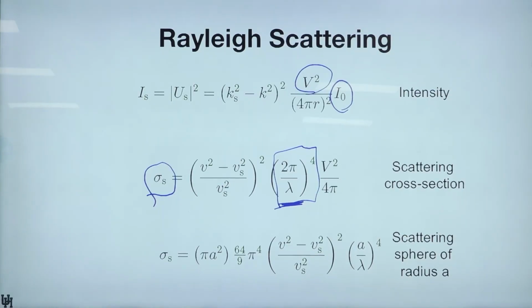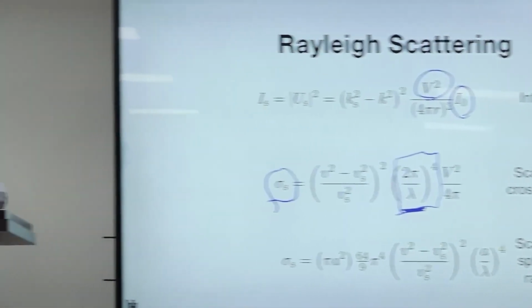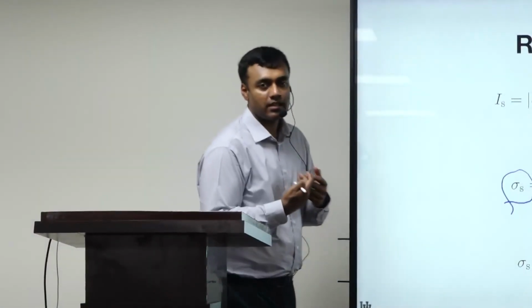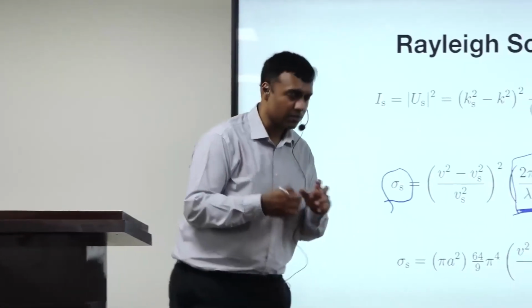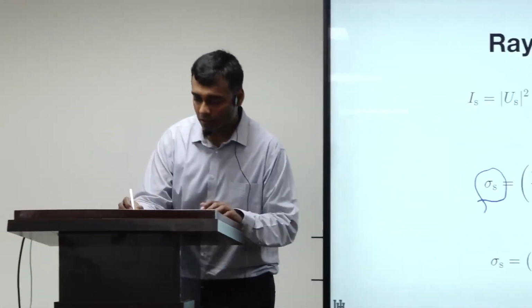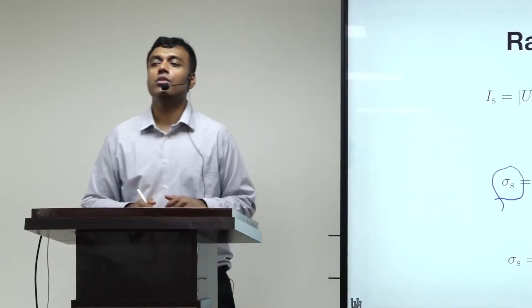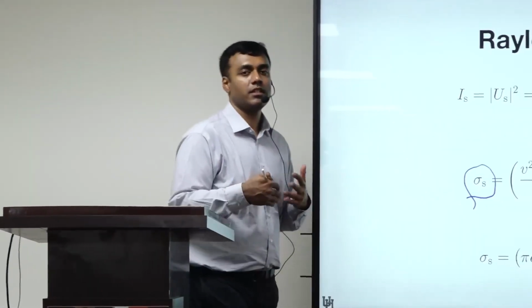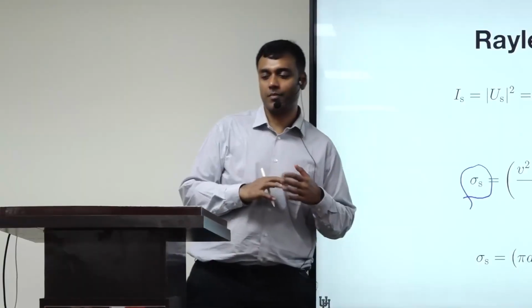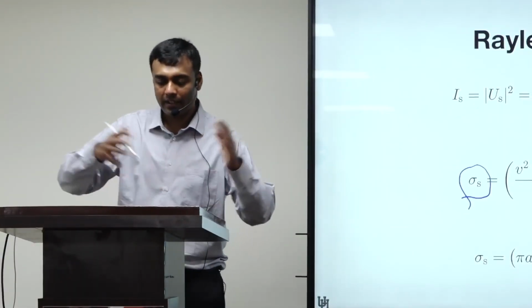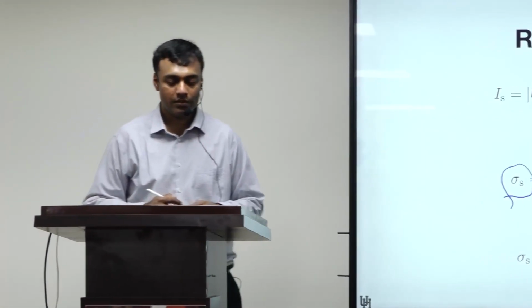This is a property of the material, a property of the scattering object. If say 10,000 photons are incident, the larger the scattering cross section, the more photons are scattered. The smaller the scattering cross section, the fewer photons get scattered. So this sigma s, the scattering cross section, tells you, of all the photons incident on that scattering particle, the efficiency of scattering.